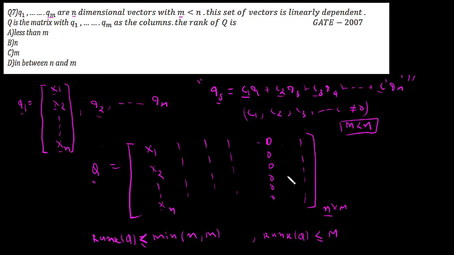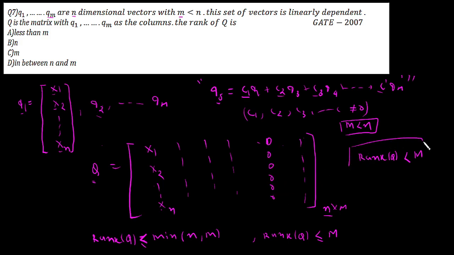So now we have determined that at least one column of this matrix will be 0. Then we can subtract 1 from this one, and the rank is automatically less than m. So I can write the rank of Q is less than m, the equal to sign goes because at least one of the columns has all entries as 0.